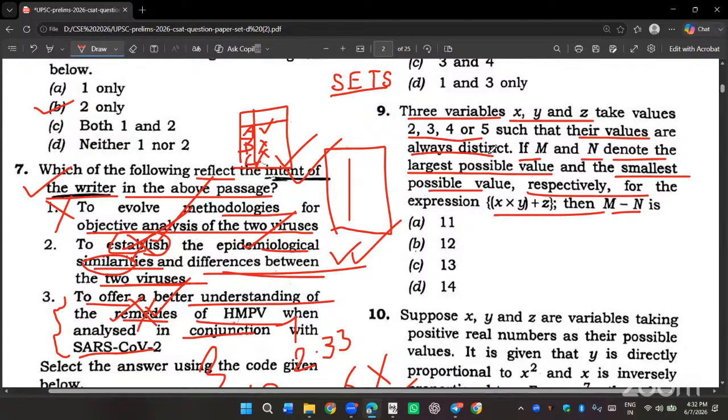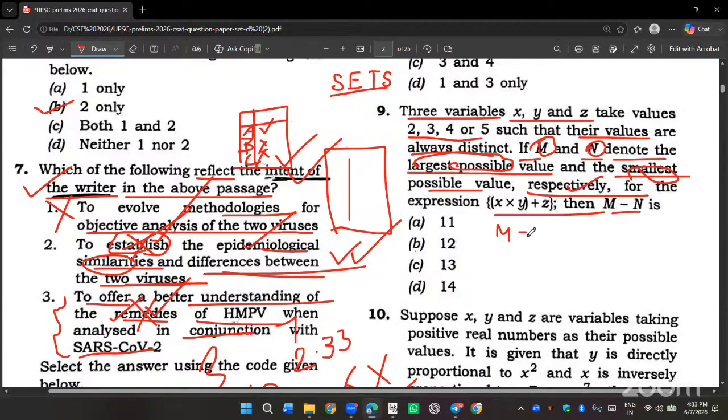How, sir? I will come to that. Don't worry. Now, this is the expression they have given. M denotes the largest possible value. N denotes the smallest possible value respectively.